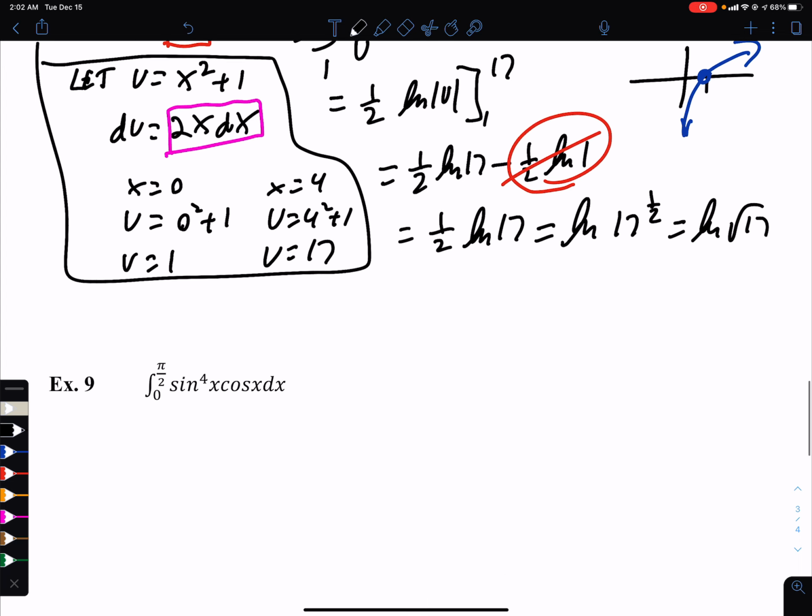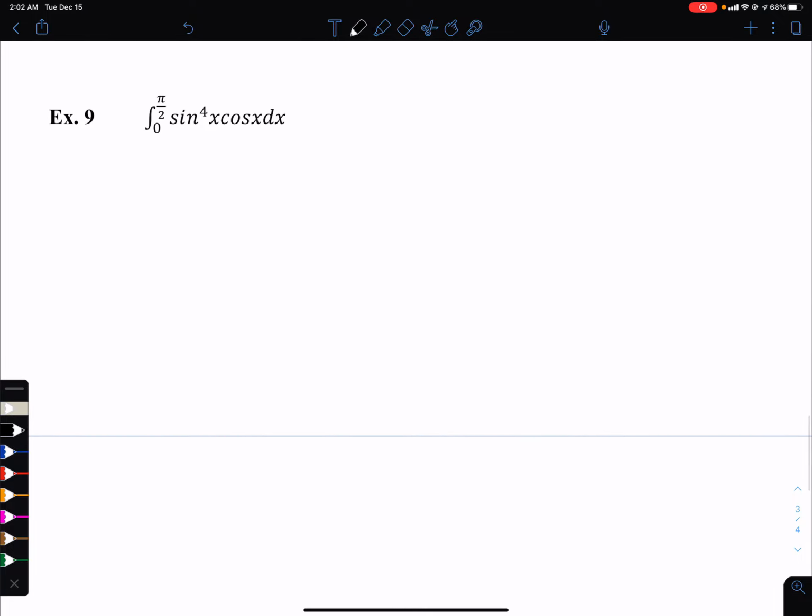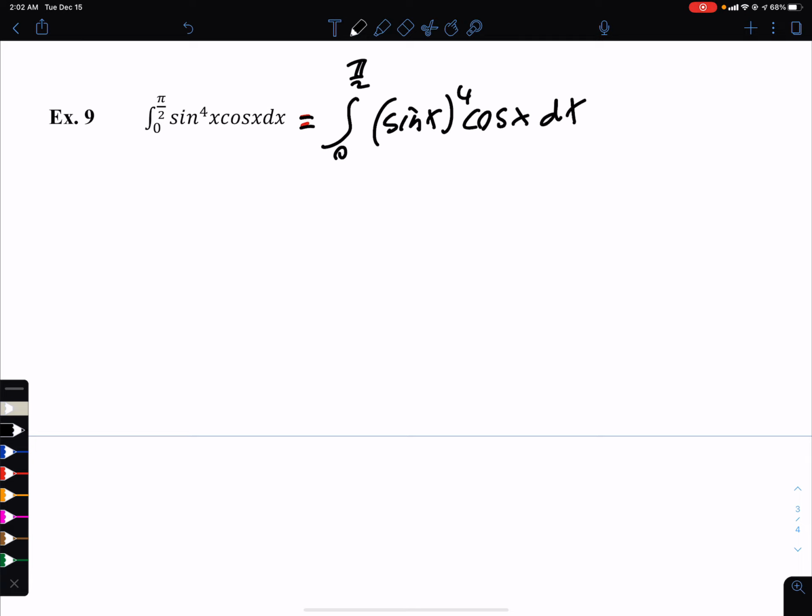All right, one more example, and we shall be done. So let me rewrite this for y'all. So it's sine x to the 4th power cosine x dx. I'm going to let u be sine x.